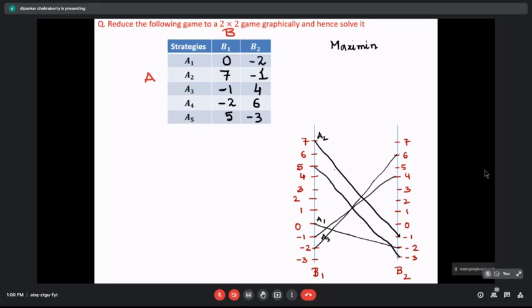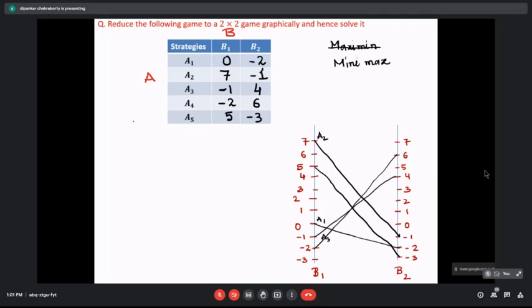Because the graph we drew earlier was for the player A. And this time we are drawing for the player B. So as we are drawing it for the player B, we are going to follow the rule for the minimax.